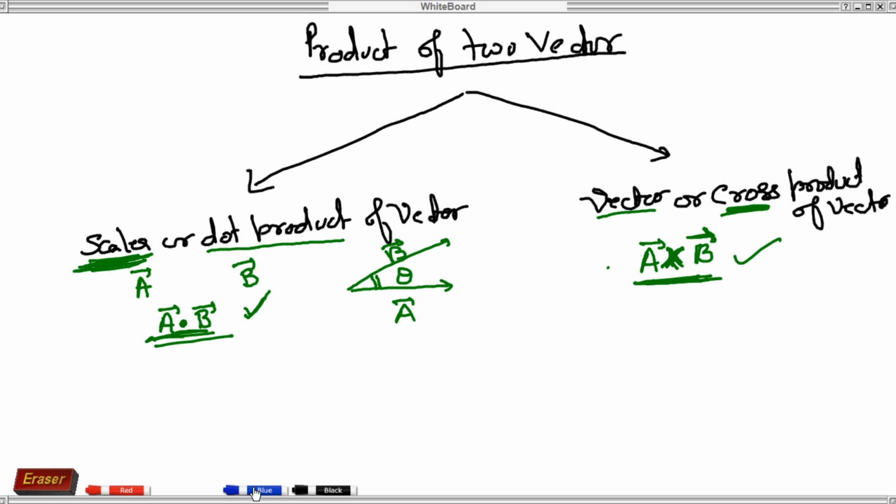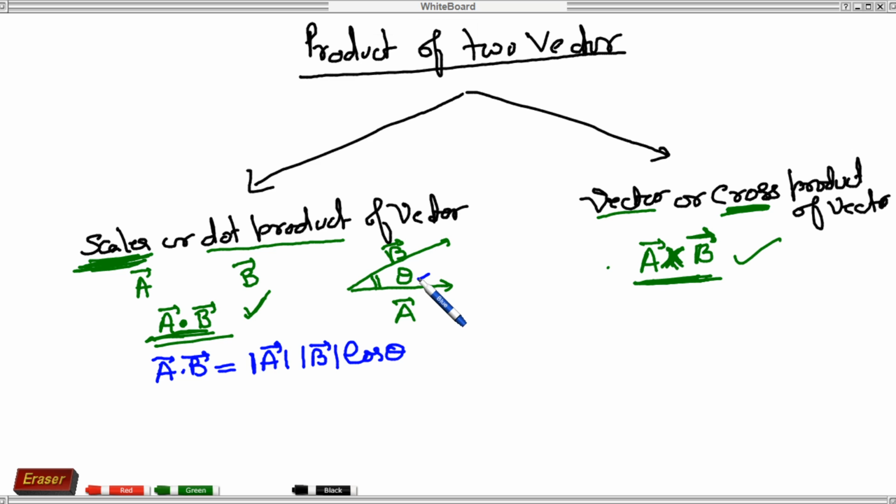First, let us see what will be the result of this dot product. So if this is vector A, vector B, then this will be equal to modulus of A, modulus of B, into cos theta.